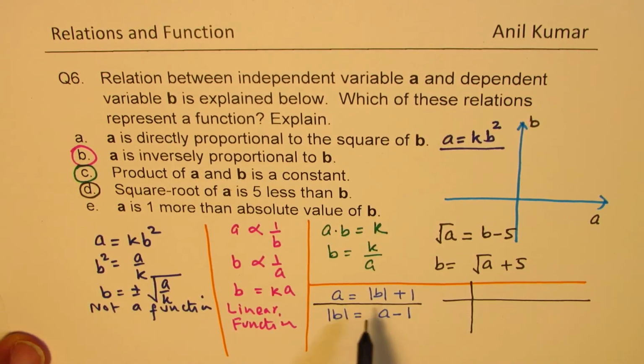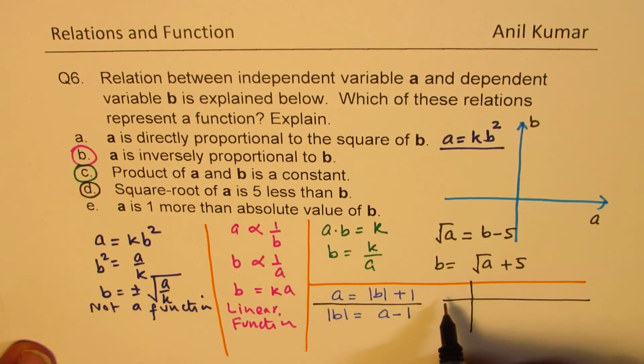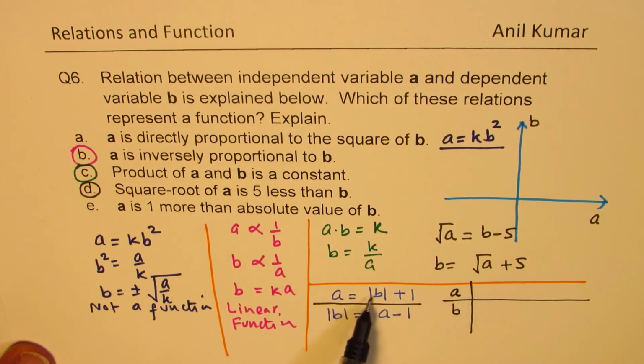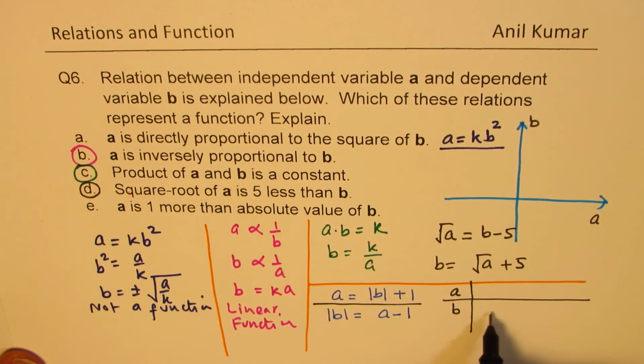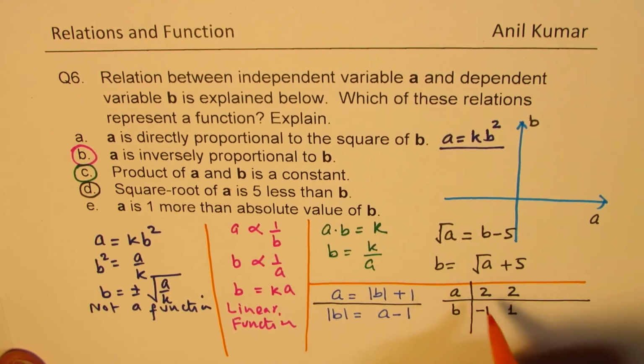See how. If I use B as minus 1 and calculate what A equals, the absolute value of minus 1 is plus 1, so we get 2 here. Now, if I use B as plus 1, then A is also 2. So what do you notice here?